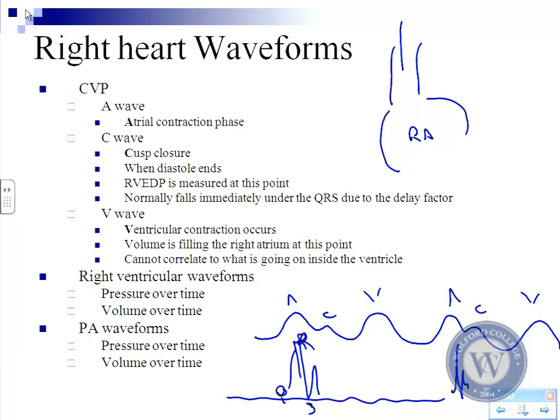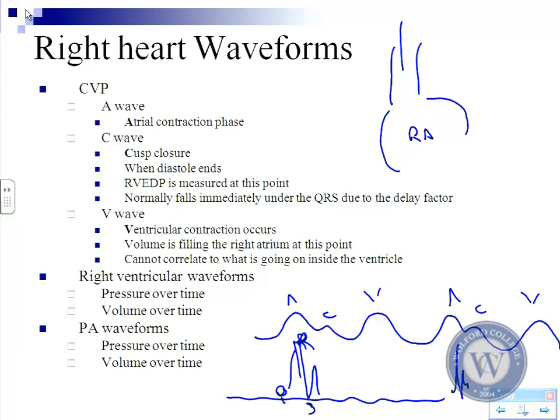But it usually occurs during the ventricular contraction phase, and that's why it's called a V wave. But it's due to filling up of the atrium completely. So the top of the V wave is the point of maximal volume inside the atrium.